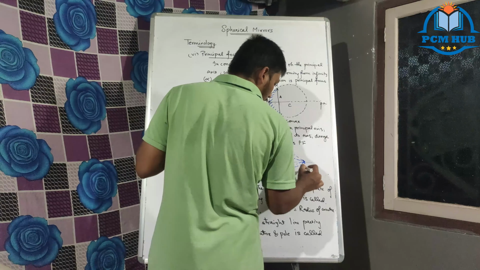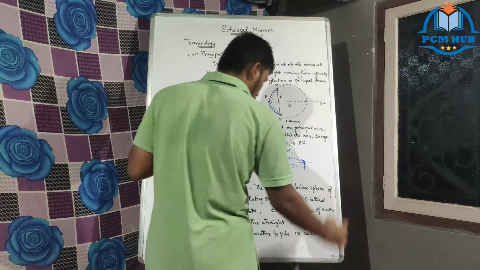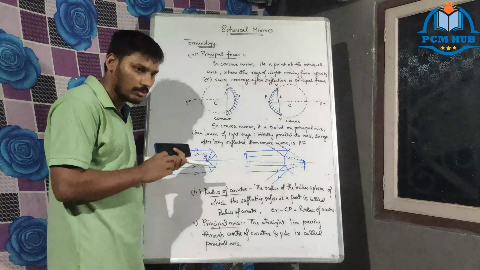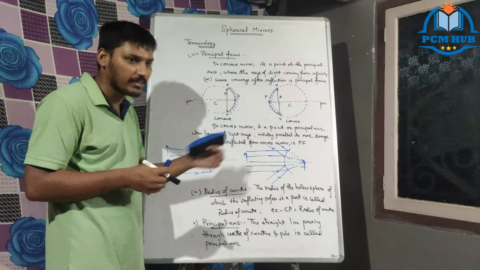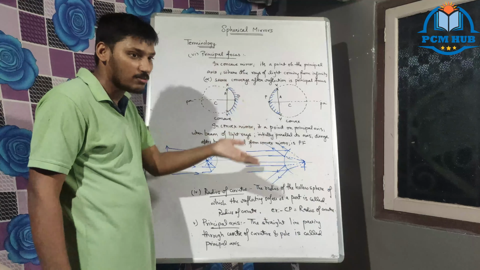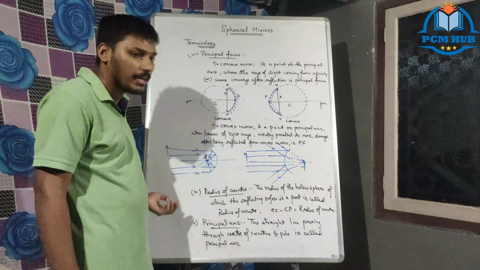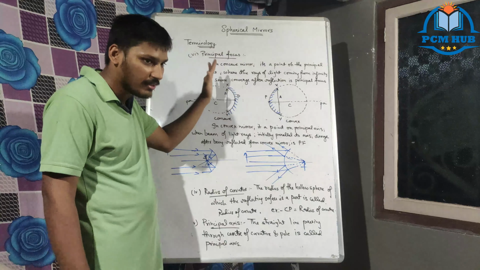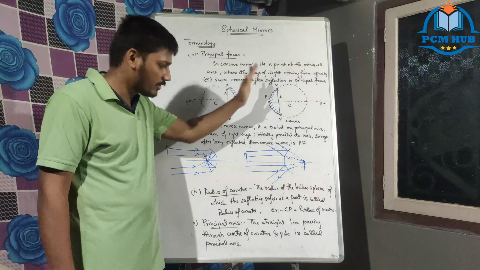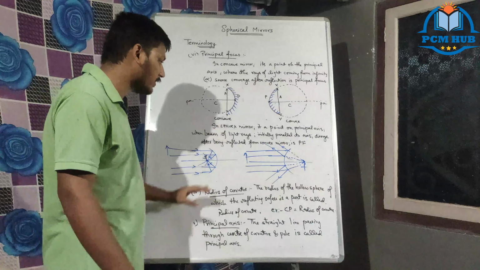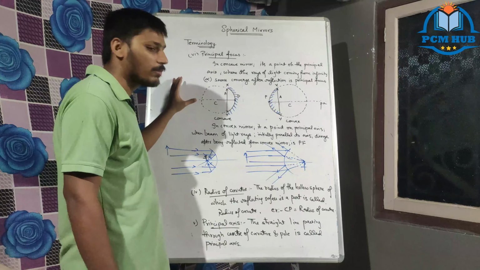So the image formed will be here. This point is the principal focus. Virtual image, that I will speak about next, along with plane mirror, in the next class, very clearly. But basically, we are going with this terminology here.